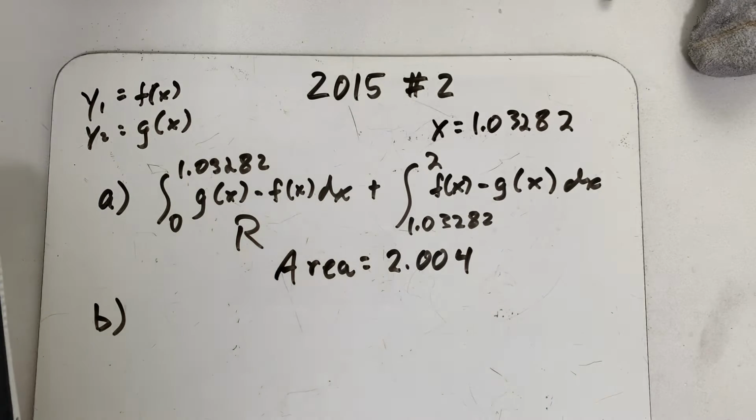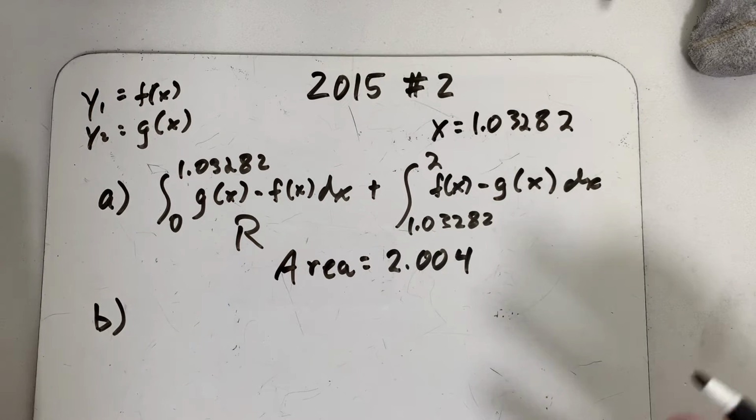Part B. Region as the base. Since the cross sections are perpendicular to the x-axis, and they are squares, and this is just for region S only, the one on top is going to be our f of x.